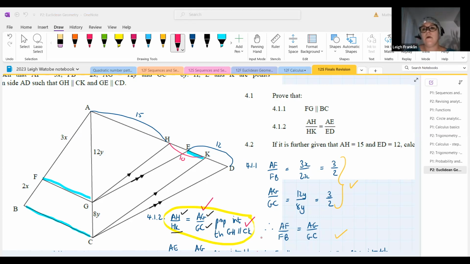Ma'am, I found that HD is also equal to 10. How did you get HD? Oh, you worked in... Really? And I don't think HD can be equal to 10 because EK is equal to 12.